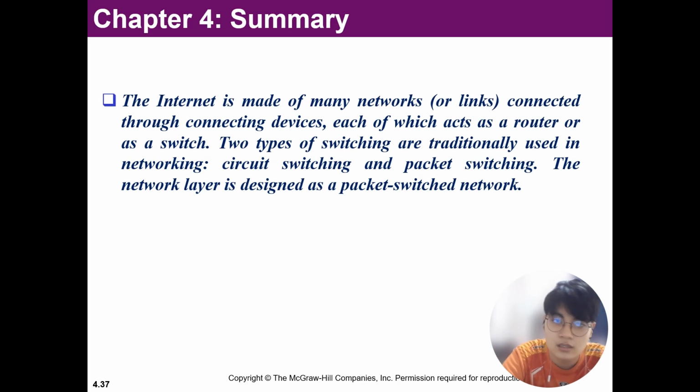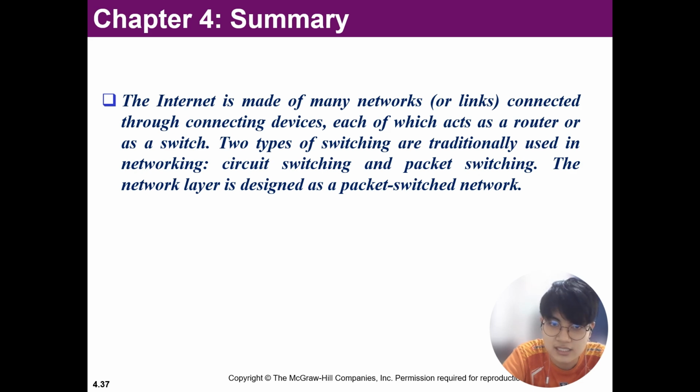Summary. The Internet is made of many networks or links connected through connecting devices, each of which acts as a router or a switch. Two types of switching are traditionally used in networking: circuit switching and packet switching.